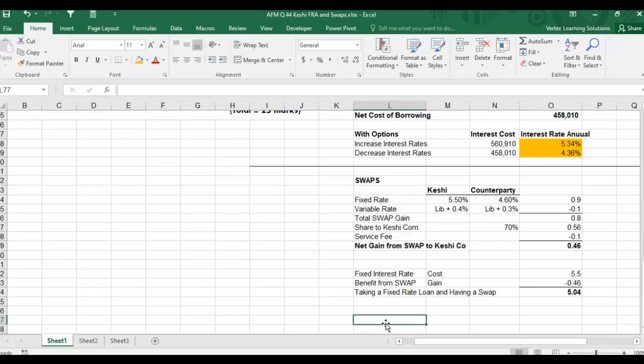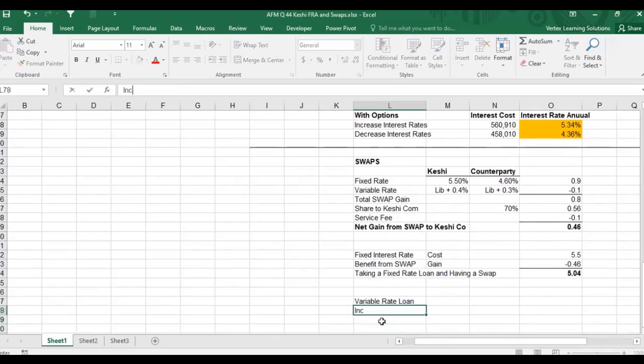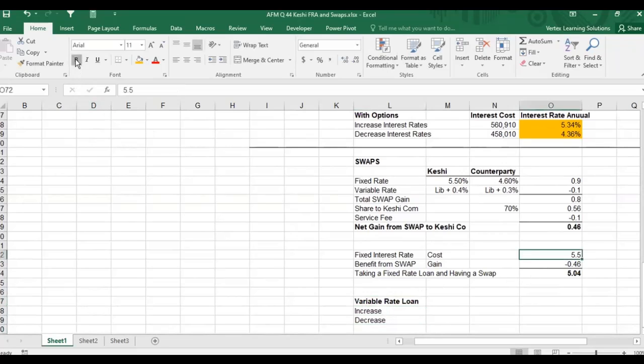If they take a variable rate loan, it is possible that there will be increase or there will be decrease, right? If it is a fixed rate loan, it is 5.5%, no doubt about that.